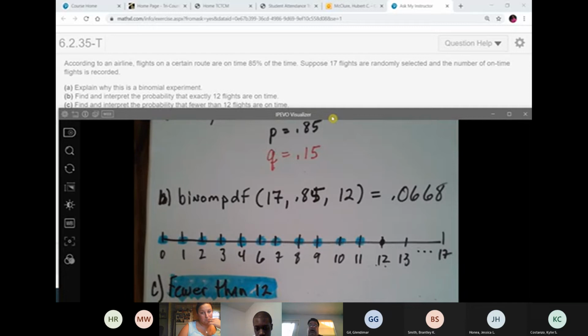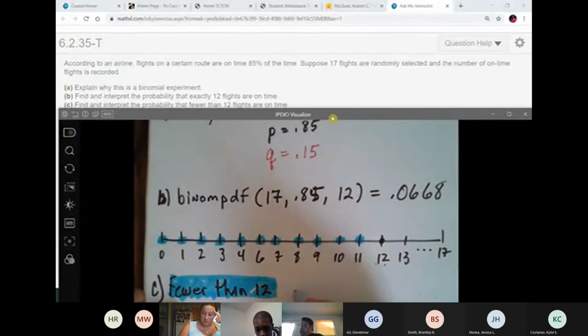Now, I am not going to type in each one of those and add them together. So instead of using PDF, I'm going to use CDF, and you got to use 11 because you can't use 12.